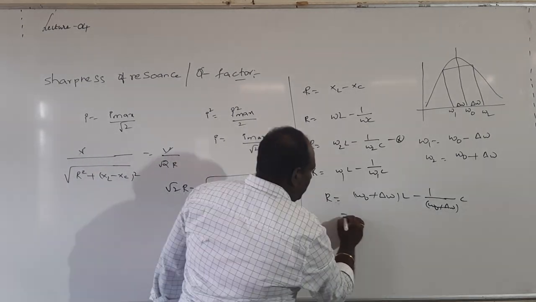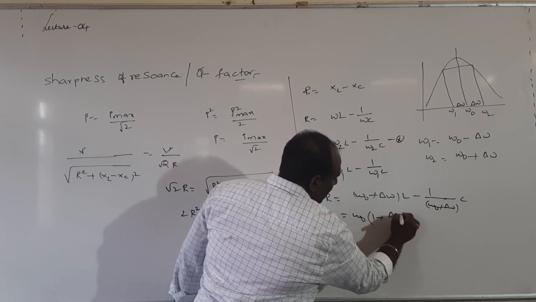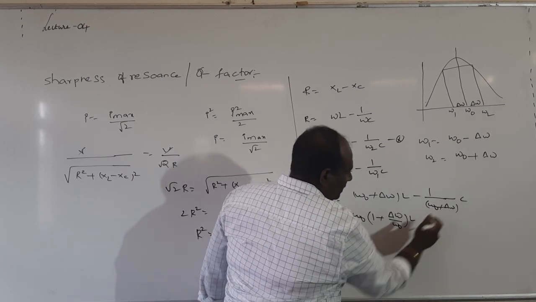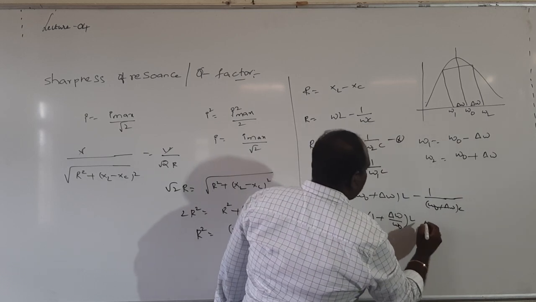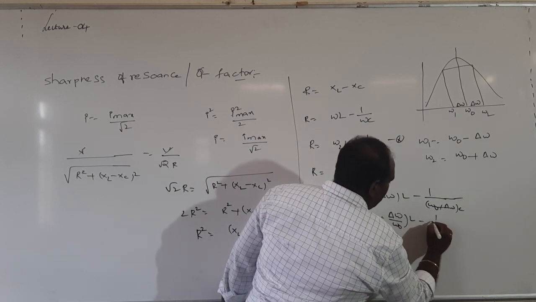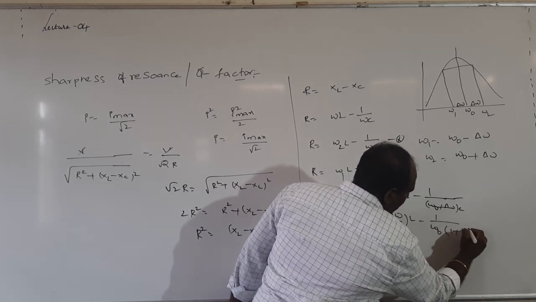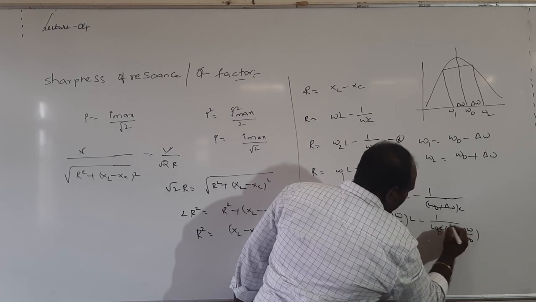If you take omega naught common, then we will get 1 plus delta omega by omega naught into L. Here also take omega naught common, 1 plus delta omega by omega naught into C, in the denominator.